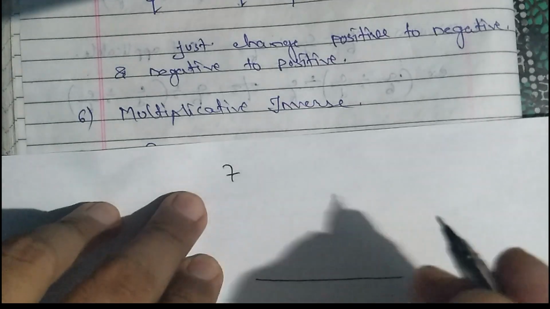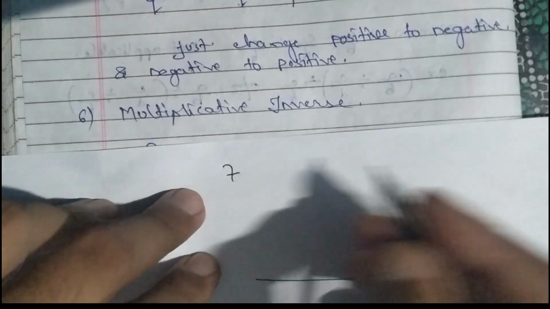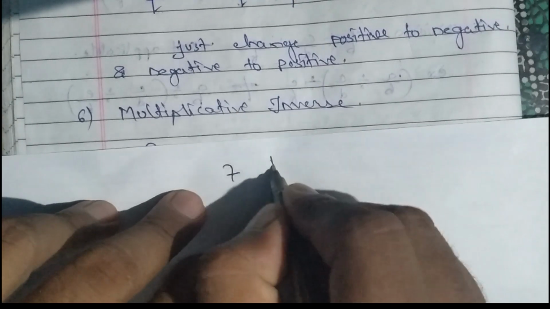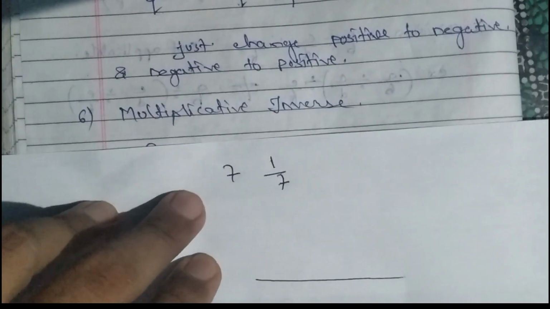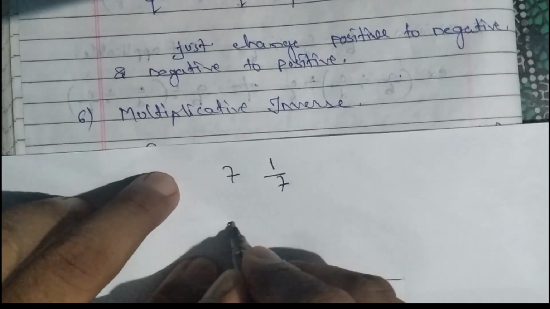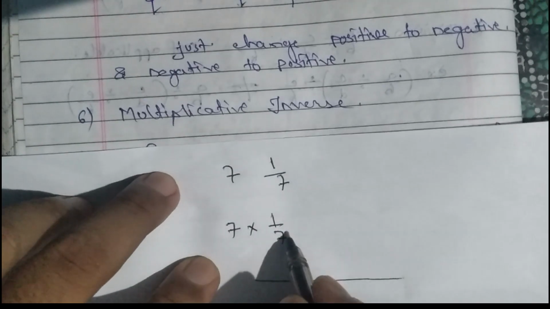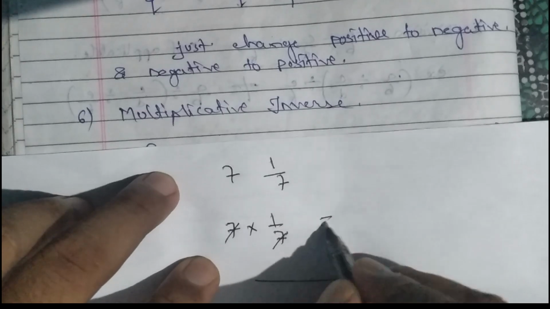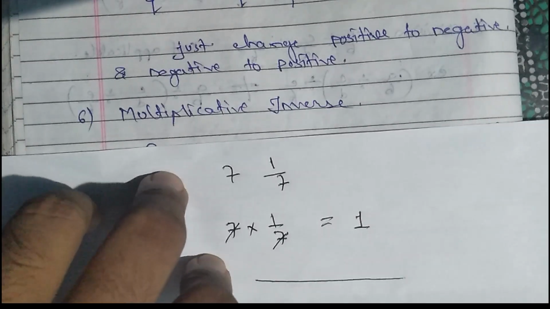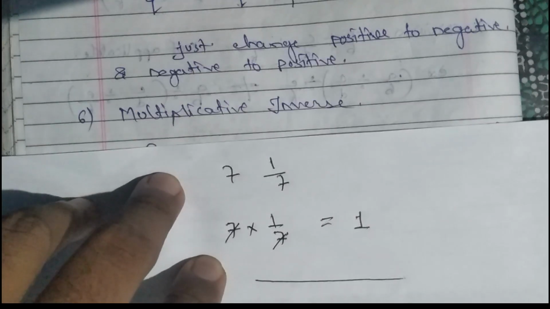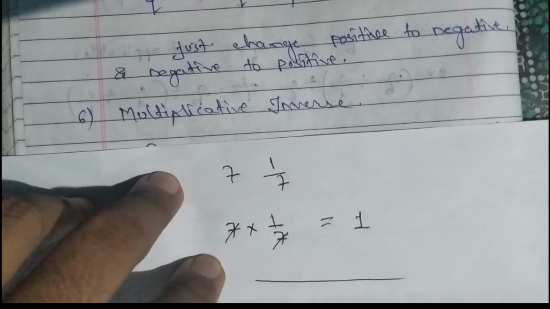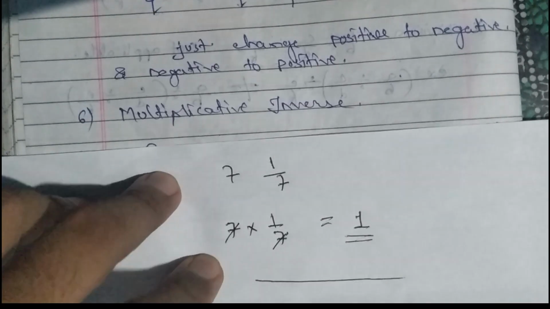The multiplicative inverse or reciprocal would be 1 upon 7. So 7 multiplied by 1 upon 7, and if we cancel it out we get the answer 1, because when you multiply 7 and 1 upon 7 together you get 1.